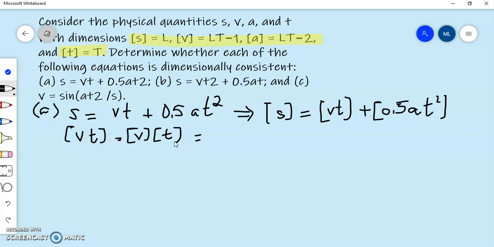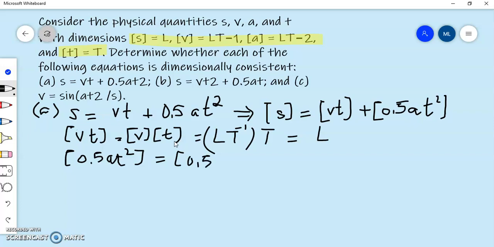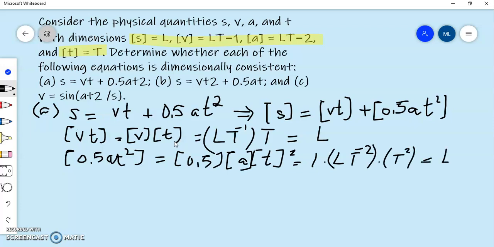And the dimension of v is L T to the minus 1 power multiplied by another T. So that's just L. The dimension of 0.5 a t squared is the dimension of 0.5, which is just 1, multiplied by the dimension of a and the dimension of t squared. And the dimension of a is L T to the minus 2, and then T squared. So that's essentially just L.